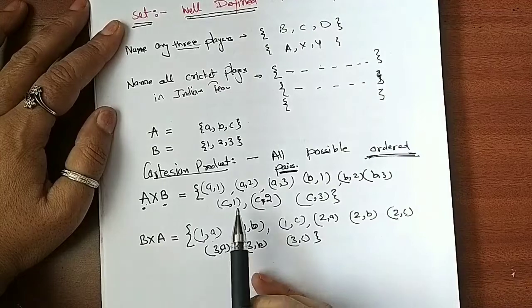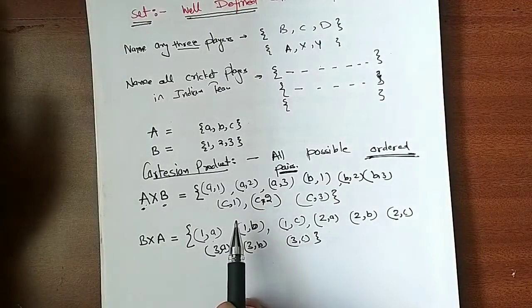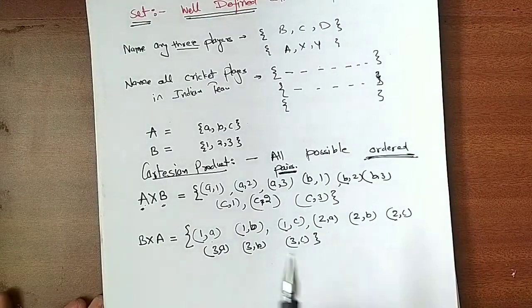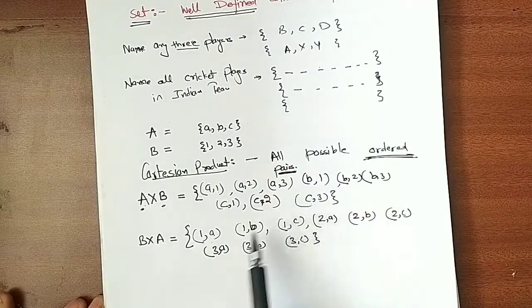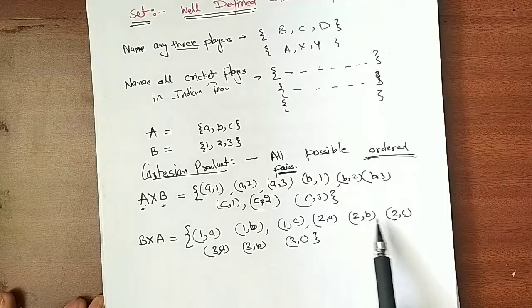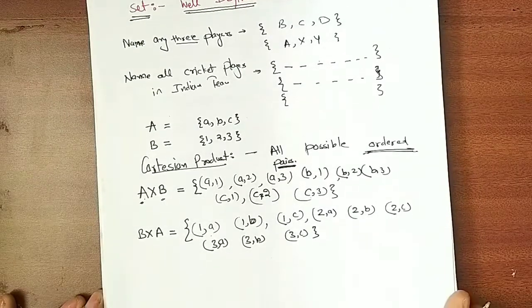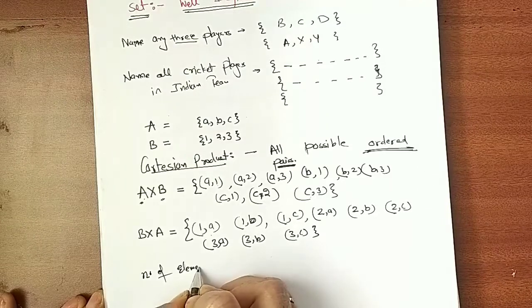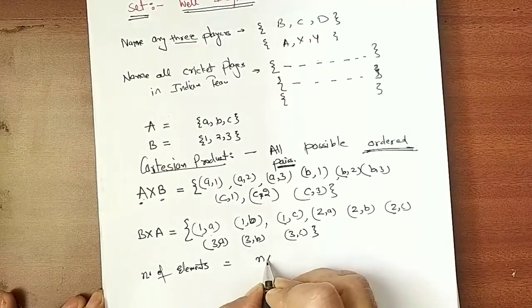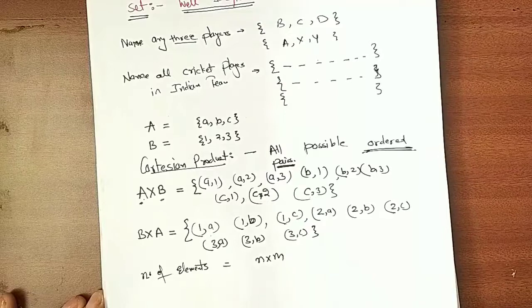Now, how many elements are there in one Cartesian product? They are 1, 2, 3, 4, 5, 6, 7, 8, 9. In this also 1, 2, 3, 4, 5, 6, 7, 8, 9. So in a Cartesian product, you can say the number of elements is always n into m. Understood?